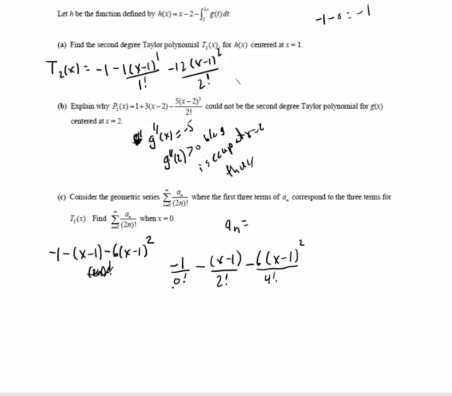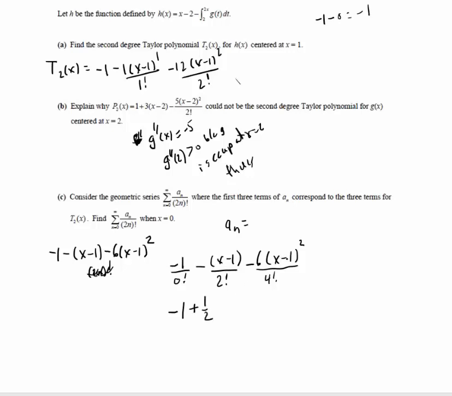Okay. Well, don't let this confuse you. 0 factorial is actually 1, so you're not dividing by 0 here, you're dividing by 1. So remember, 0 factorial is equal to 1. So that gives you -1. When I plug in x is 0 here, 0 minus 1 is -1, over 2 factorial is 2, so this is negative, which is positive 1 over 2.